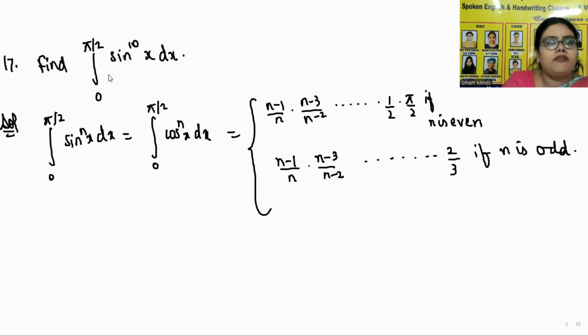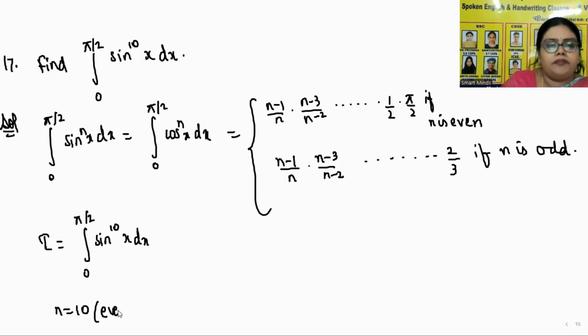Now for our question, we have integral 0 to pi by 2 sine power 10x dx. So here sine power 10 is given. That means n is equal to 10 here. And 10 is even. So we need to use the first formula.